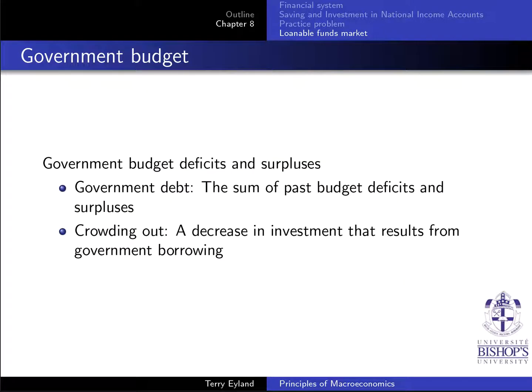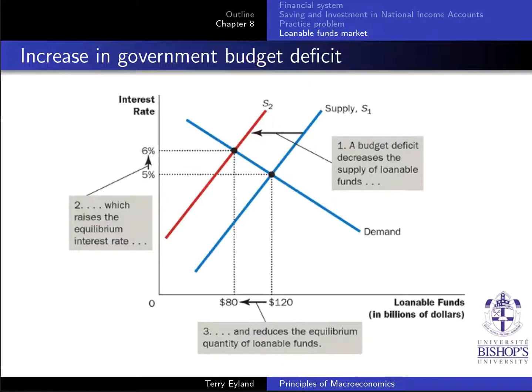Okay. Also, if we think of government budget deficits and surpluses, well, government debt is the sum of past budget deficits and surpluses, and we say that there is crowding out when the government spends more and leads to a decrease in investments that results from more government borrowing. So let's see how that works.